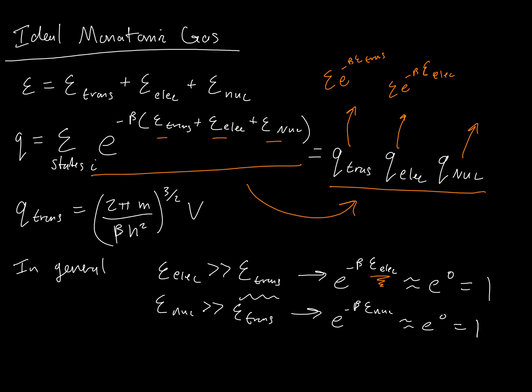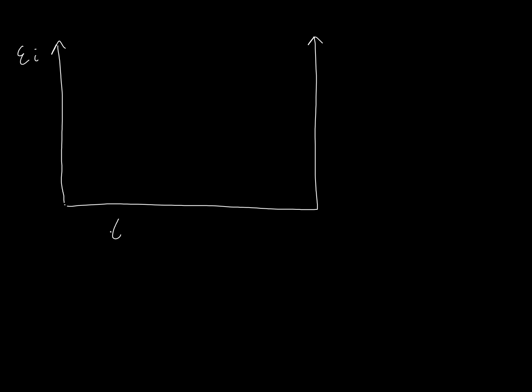If we were to sketch this out a little bit, kind of similar to the example that we did last week on StatMech, if we had the energy of some state, and we were looking at the translational modes, the electronic modes, and the nuclear modes, we would have tons of different states at the translational mode.